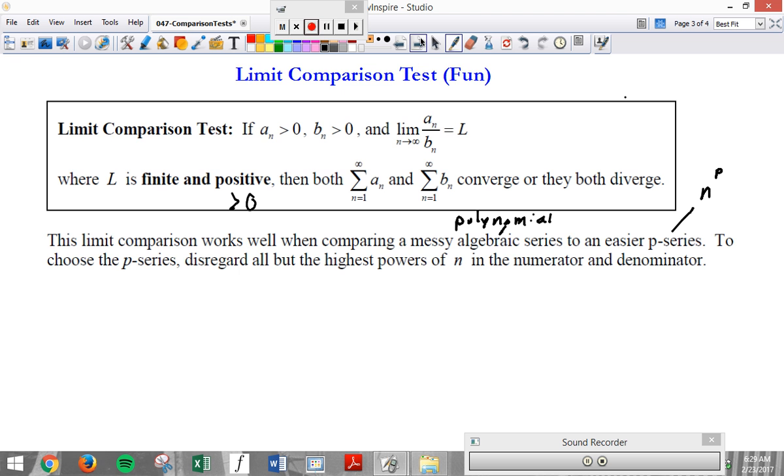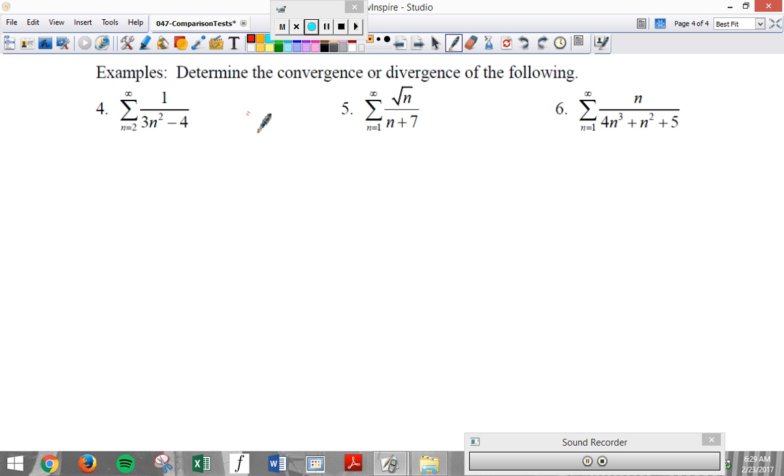Here we go. Oh gosh, it's so hideous. What I'm really thinking when I look at this is, well, knocking out this 4, if you wanted to try the direct comparison test, knocking out this 4 gives me something that is bigger in the denominator, so it's smaller as a fraction, so it does not follow the direct comparison test, right?